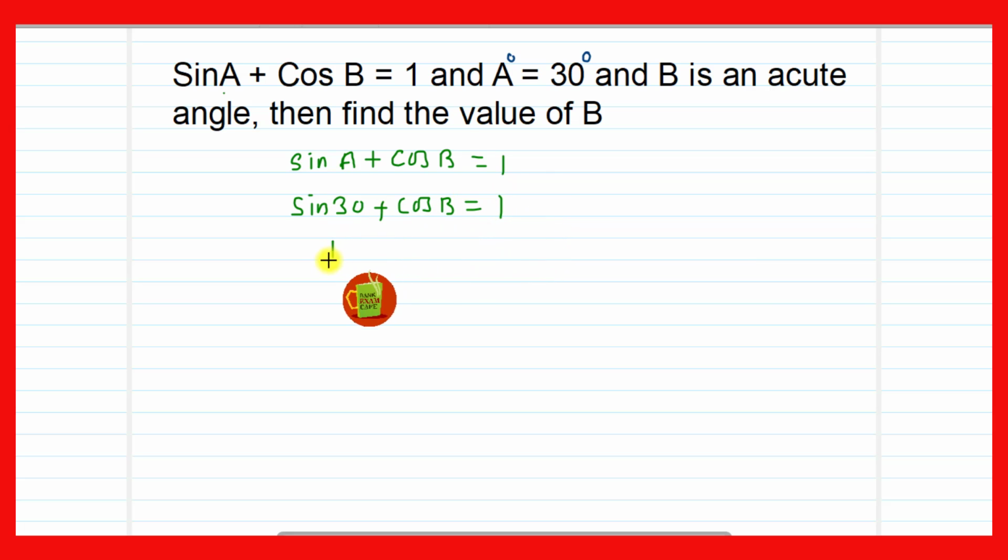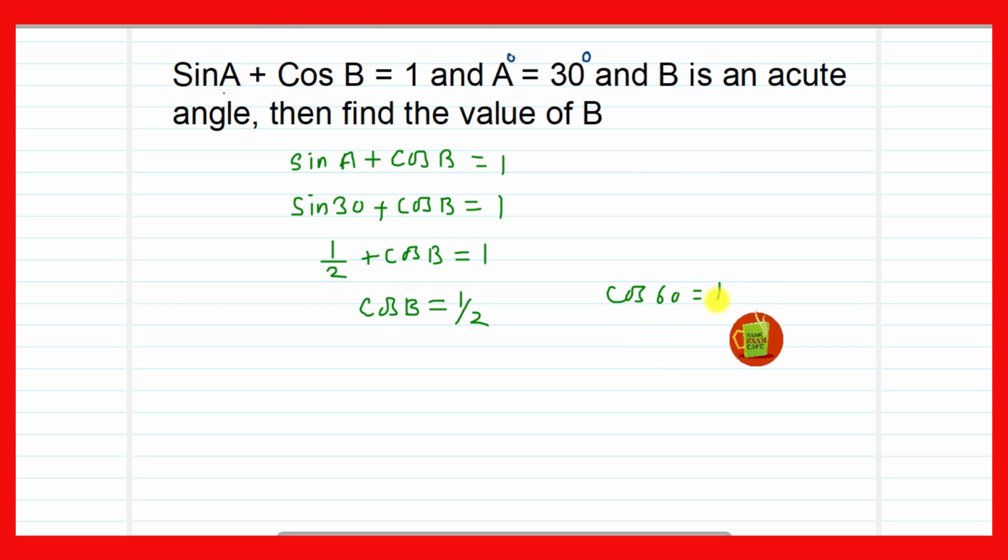Now sin 30 is what? It is 1 by 2 plus cos of B, which is equal to 1. Take 1 half to the other side, it will be minus 1 half. So 1 minus half will be half, and so cos of B is equal to half. But since cos of 60 is 1 half, angle B should be 60, and therefore B is equal to 60 degrees.